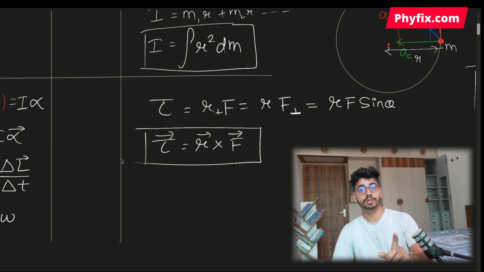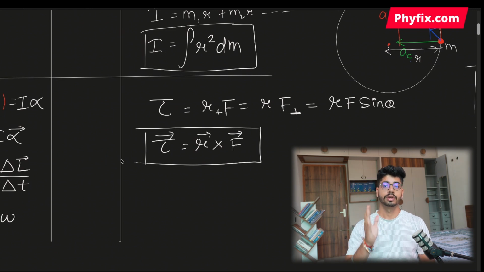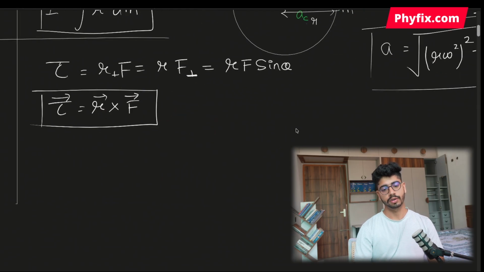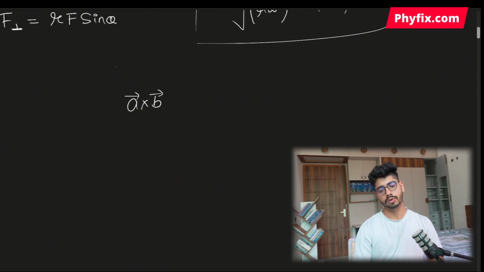You can find out the direction of the torque also by applying the right hand rule. In the cross product also, if you are aware of how to find the cross product, let me quickly recall it. If you have the A cross B vector cross product, it is not useful for all the students.